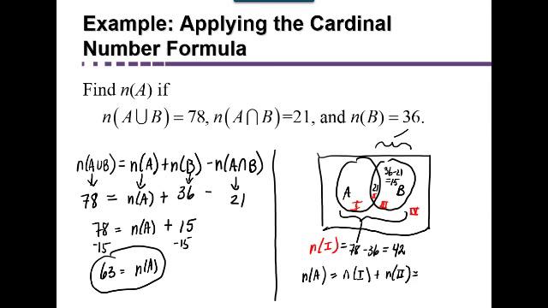So that would be 42 plus 21, which would be 63, like we found before. So obviously if you memorize the cardinal number formula, it's a lot faster in this situation when they give you the union, the intersection, and one of the sets to find the number in the second set.